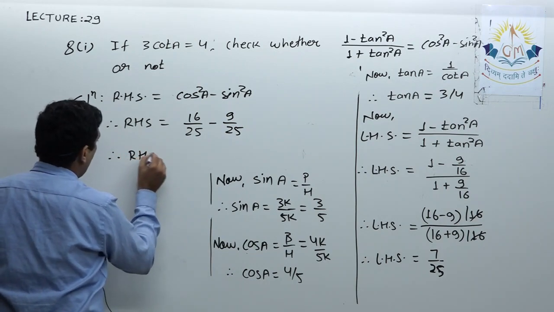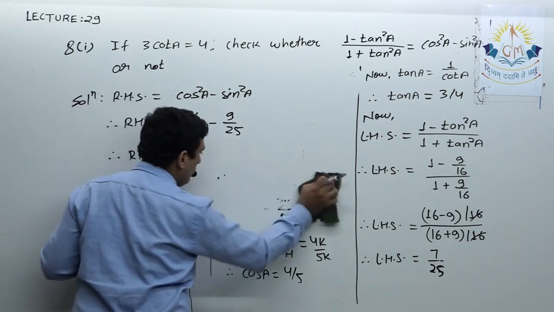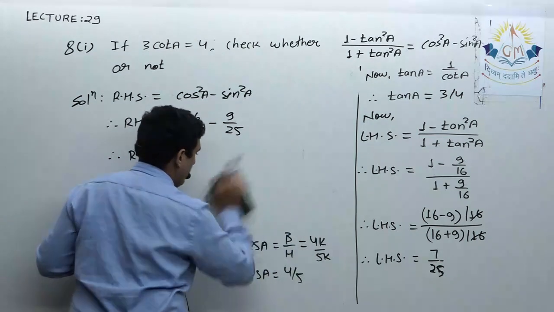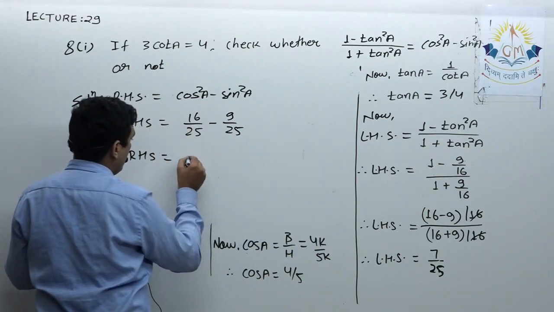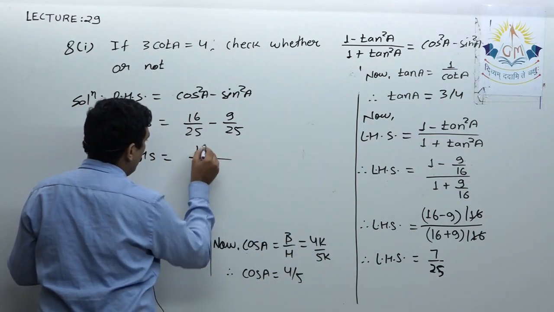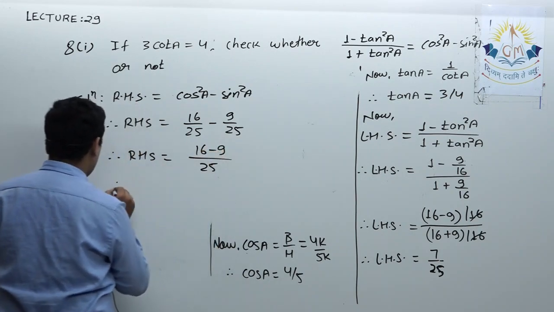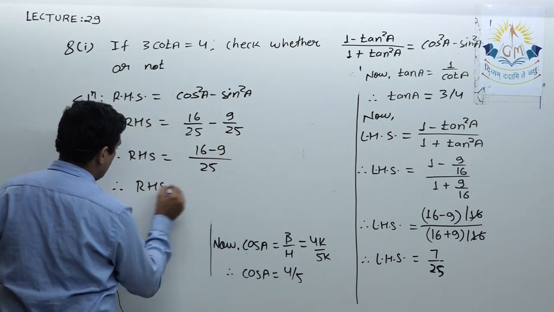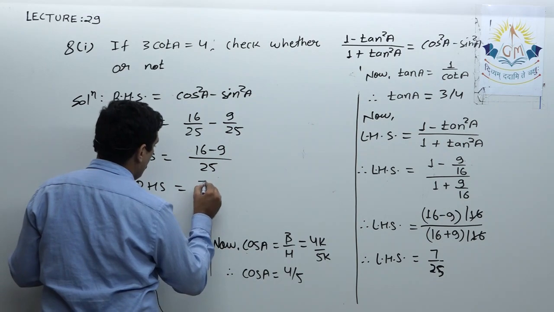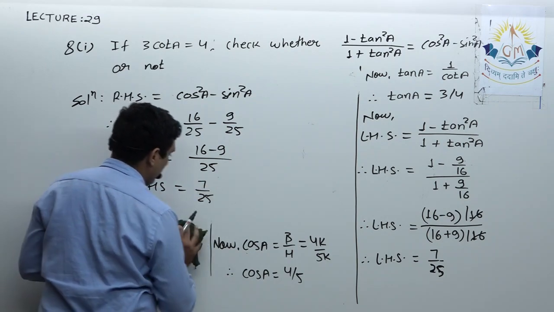So RHS is equal to 16 minus 9 upon 25. Therefore RHS is equal to 7 upon 25.